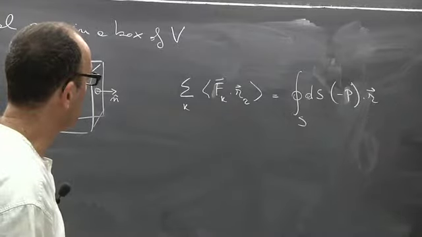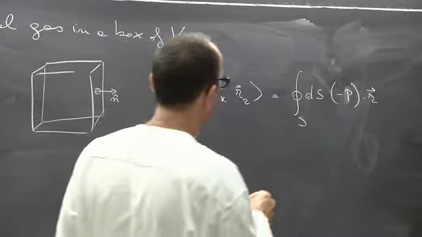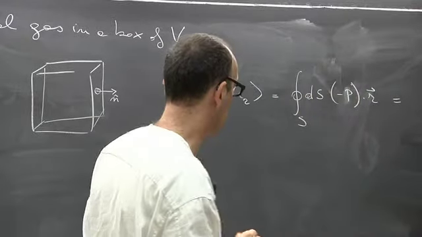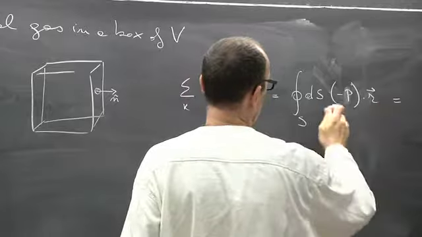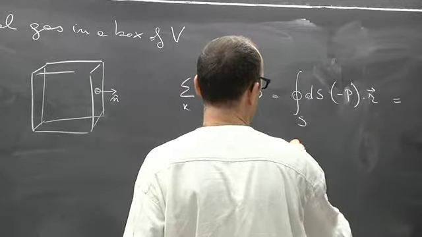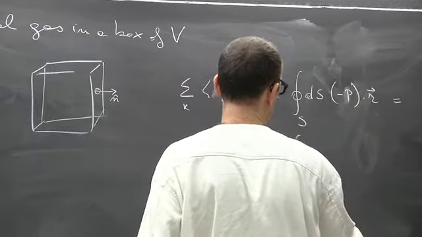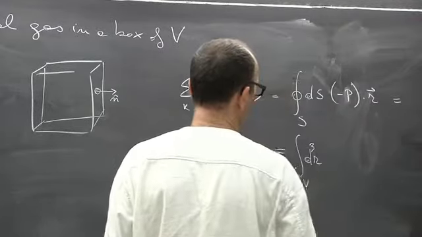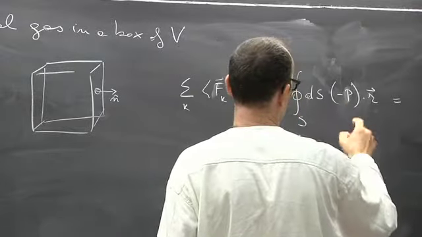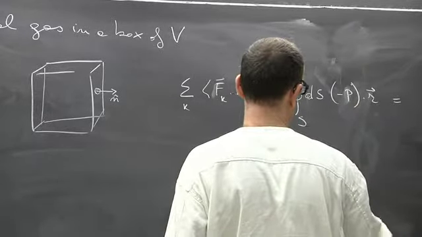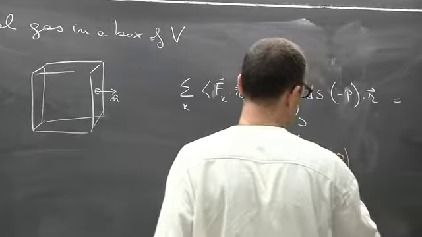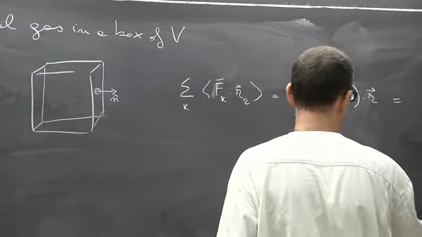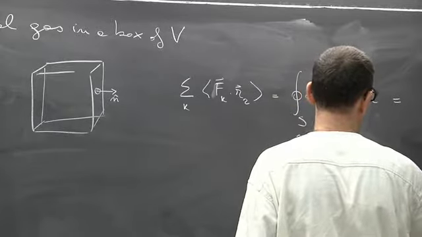Now I can use the Gauss theorem to turn this integral over the surface into an integral over the volume. What I have is minus p, which is constant and which I can take out, and then the divergence of r.